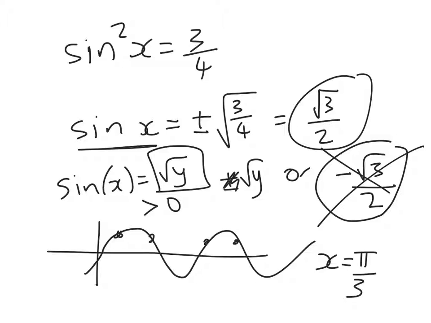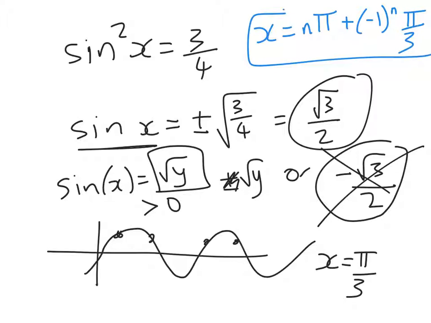So my general solution will be that x is equal to n pi plus minus 1 to the n pi on 3, as we did with general solutions. So that's how we can pick off all of those points there in both directions.